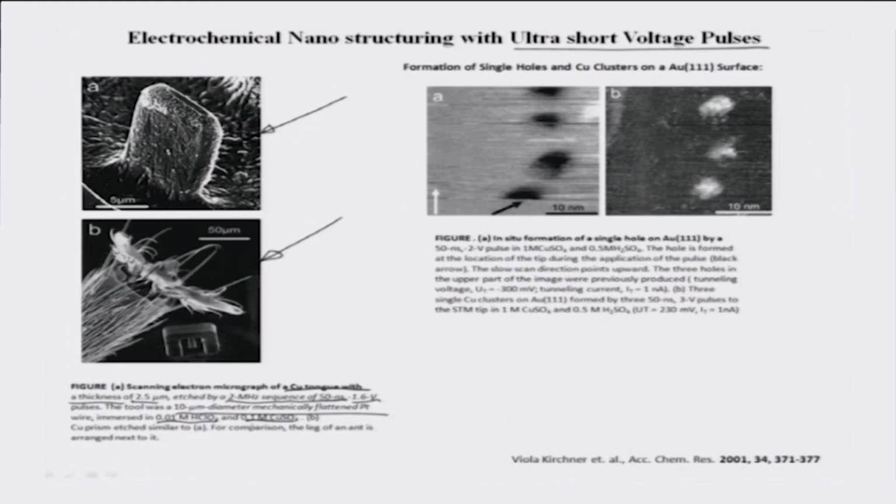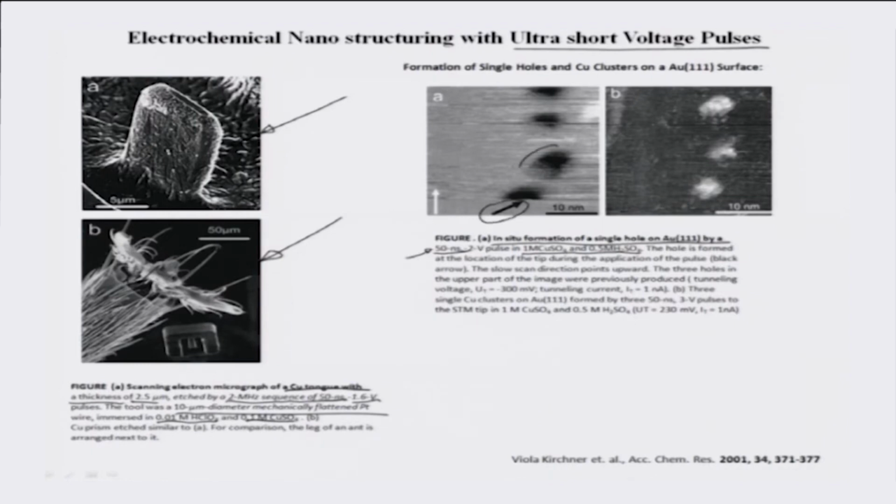The other illustration is given by an in situ formation of a single hole on a gold substrate by using a voltage pulse of duration 50 nanoseconds, again of 2 volt magnitude, utilizing 1 molar copper sulphate and 0.5 molar sulfuric acid solutions. The hole is formed in the location of the tip during the application of the pulse, and this is represented by the black arrow.